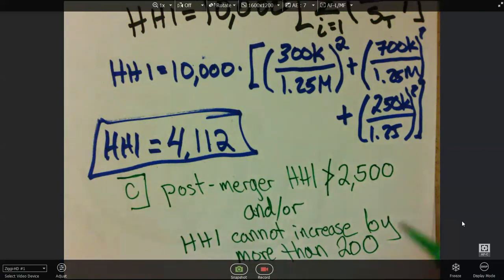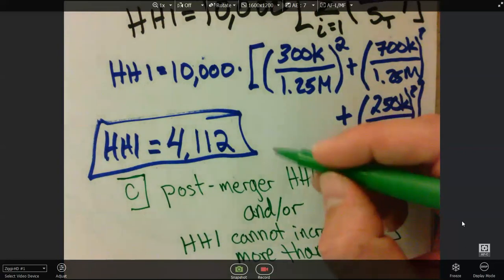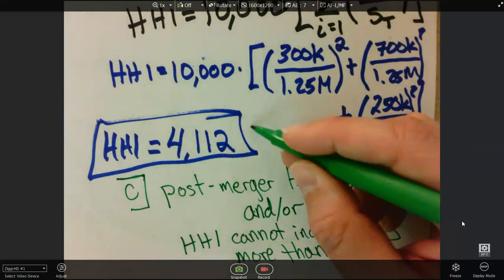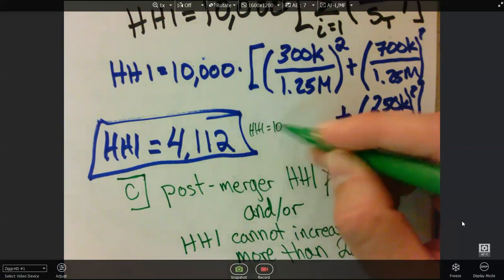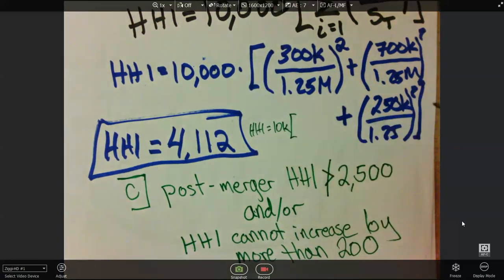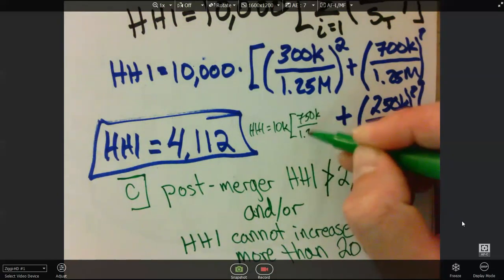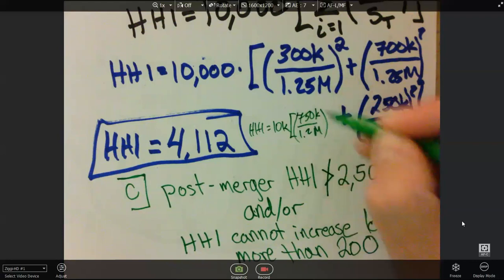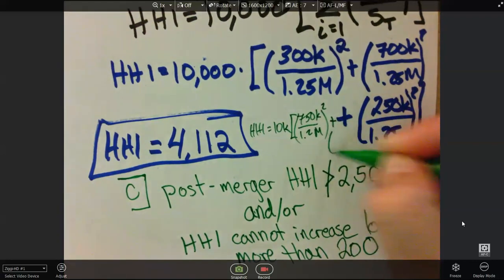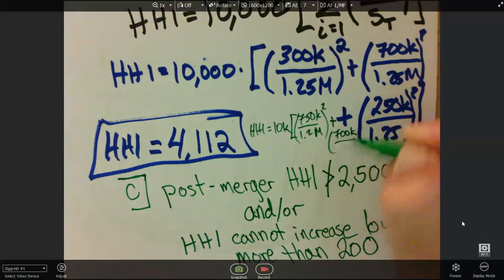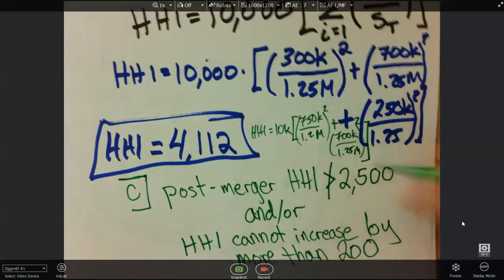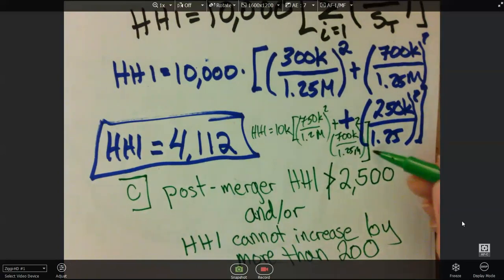So the post-merger HHI would be, here we can do it right down here, HHI is equal to 10K times 750K over 1.2 million squared plus 700K over 1.25 million squared. Those parentheses. And that ends up equaling 5,072.